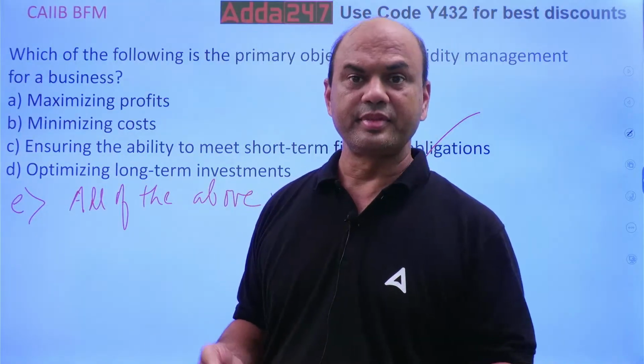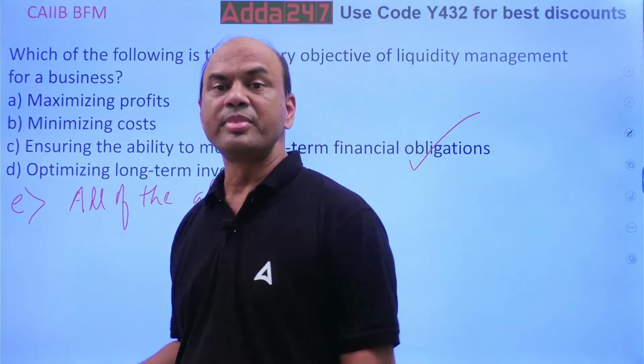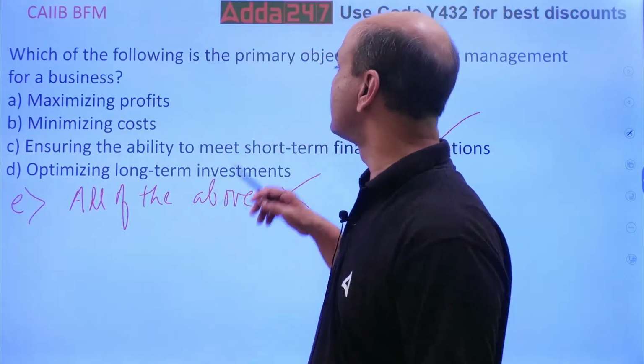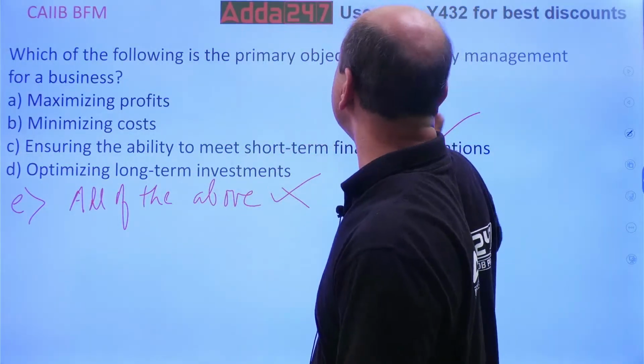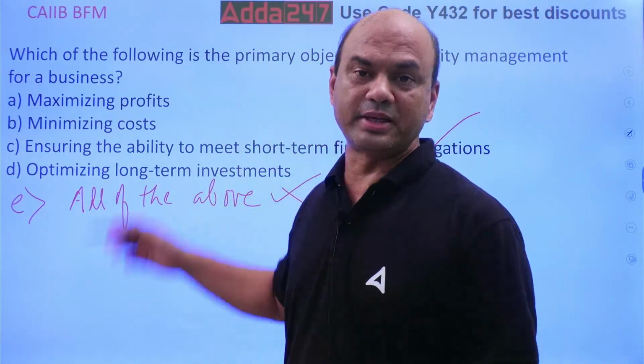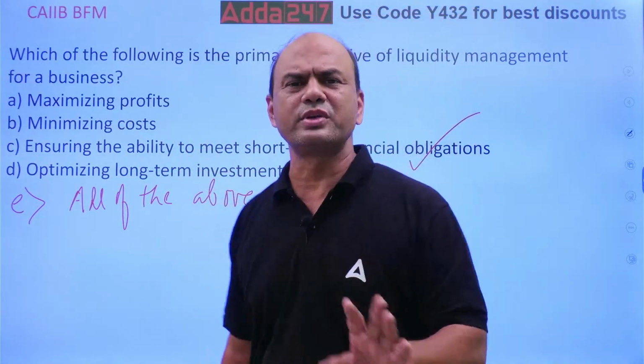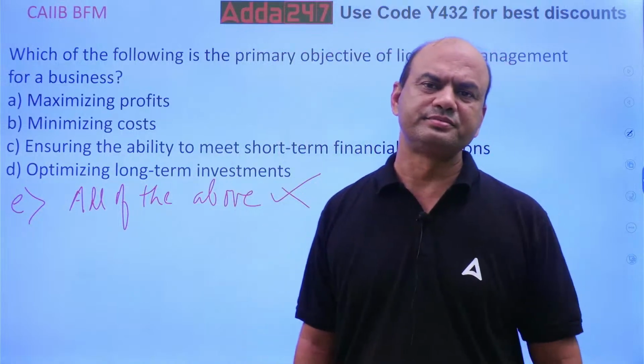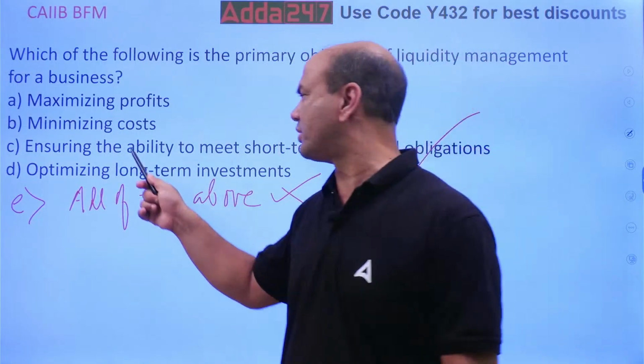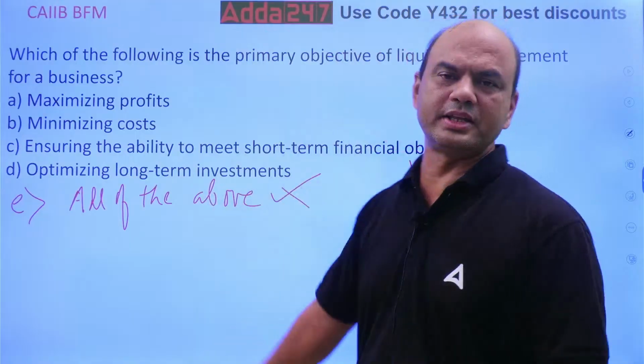So kindly note, the primary objective of liquidity management is not maximizing profit, minimizing cost, or optimizing long-term. Long-term is out of question for liquidity. Liquidity is mainly concerned about the ability to meet short-term financial obligations.